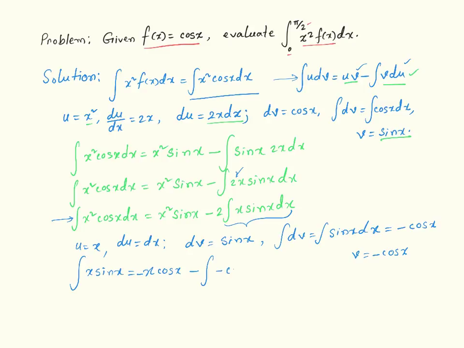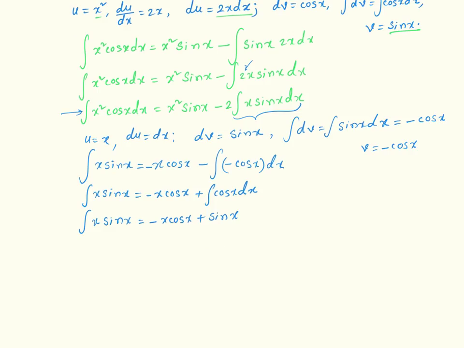Negative cosine of x, du is dx, which I could further simplify. So negative cosine of x and negative, negative and negative is going to make it positive, so integral of cosine of x, and then negative x cosine of x. However, integral cosine of x is just sine of x, right?